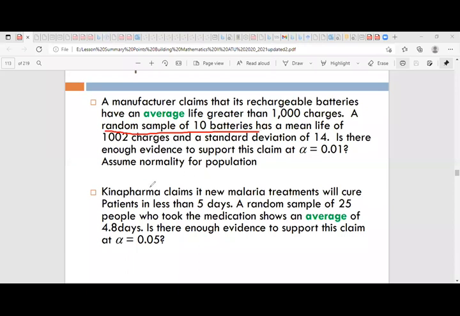Another example: a farmer claims that this new malaria treatment will cure patients in less than 5 days. A random sample of 5 people who took the medication shows an average of 4.8 days. Is there enough evidence to support the claim by the manufacturer? So these are questions related to hypothesis testing. Good.